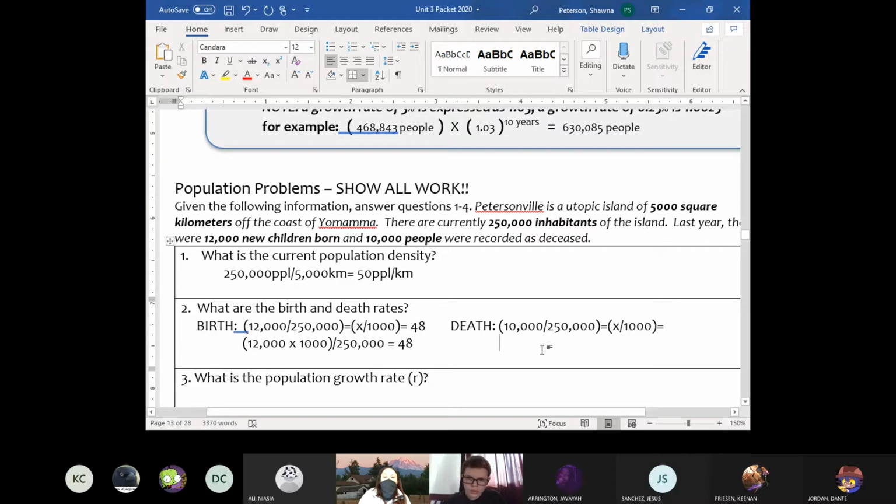I'm just writing it out both ways, whichever one makes sense to you. Good, it is 40. Don't worry, this is not a percent or anything. You can just put 40. It's a death rate or birth rate.